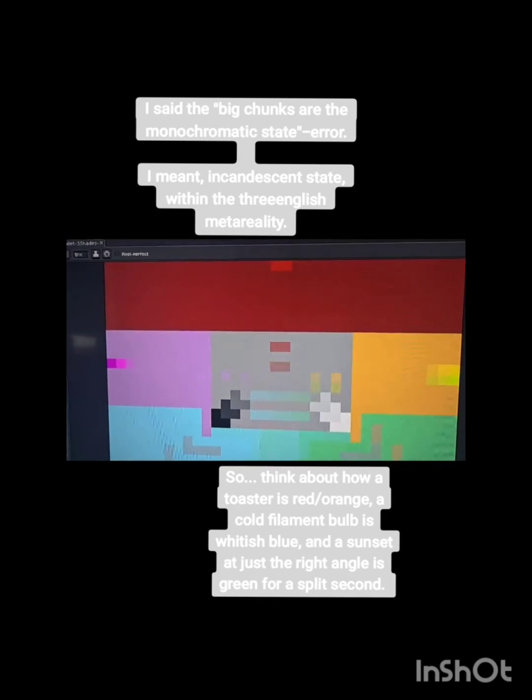Hey everybody, so in future past tense, while I was developing the Threeeinglish color palette, this is what it looked like on my monitor.